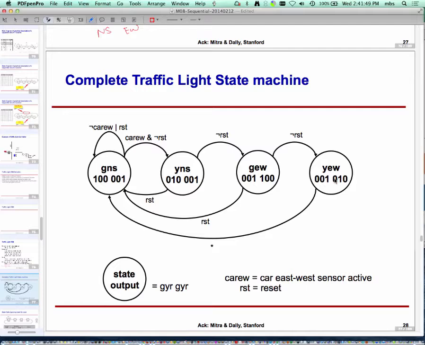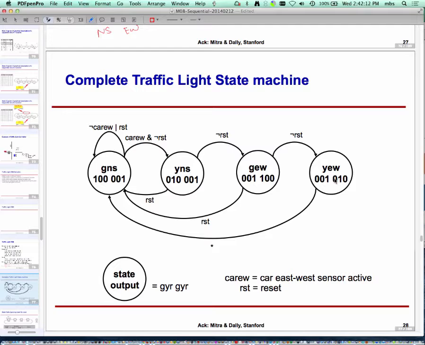What kind of state machine does this indicate, if I'm putting the output value on the node of the graph versus on the edges? Moore or Mealy? This is Moore, right? Because the output depends only on the state.